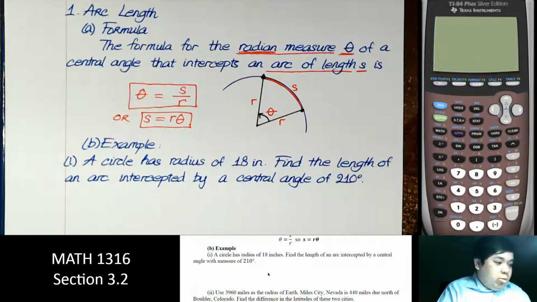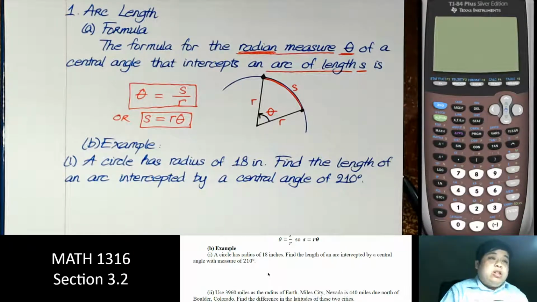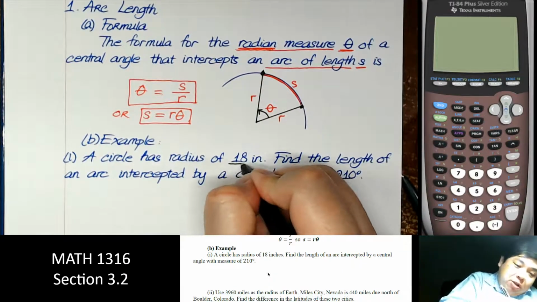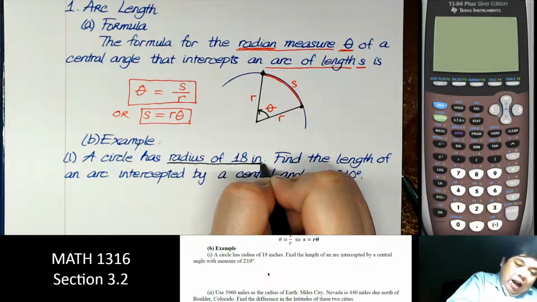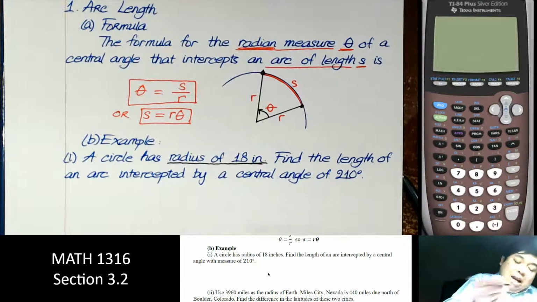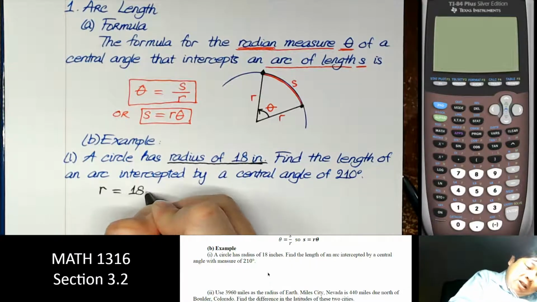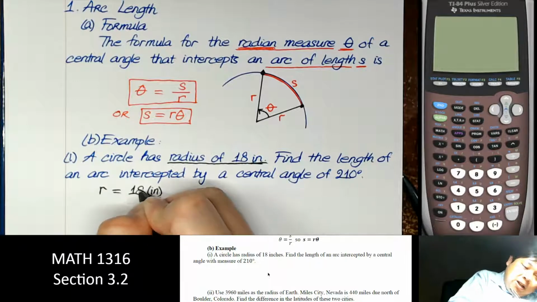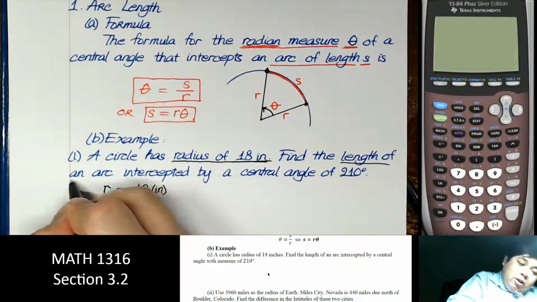My physics professor usually, when we have any word problem, the first thing we do is write out all the numbers and the unit. So the radius is 18 inches. Find the length of the arc. We don't know that.